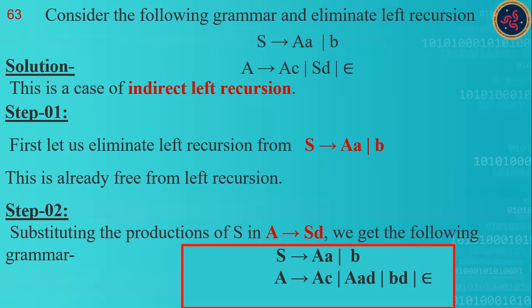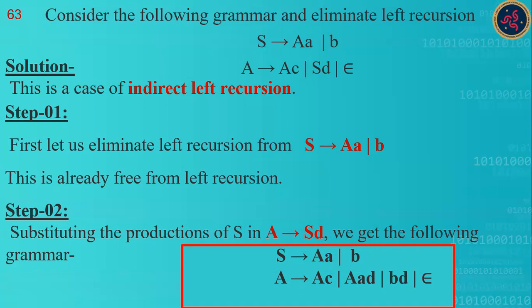So now we have the two different productions. Now look at the productions. The first rule is again free from left recursion. When we consider the second rule, we have A gives A C or A gives A a D or B D or epsilon.